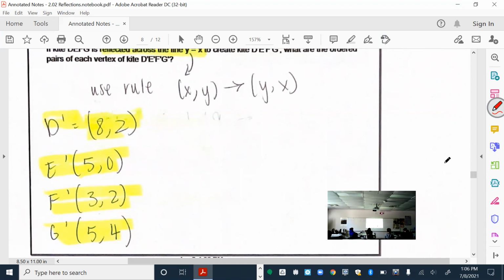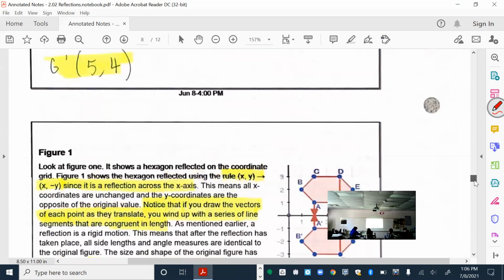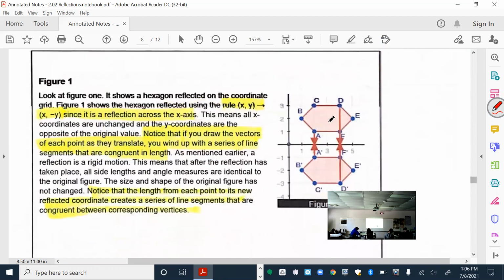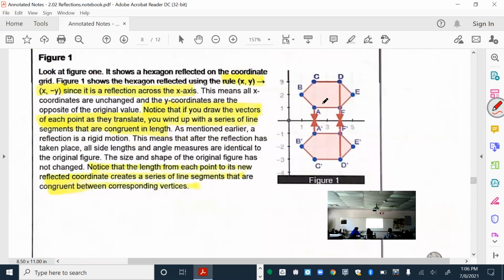All right, these next few slides are kind of just illustrating the reflection, not so much problem solving, so just bear with me. I'll kind of point out the important parts that you should highlight. So looking at figure 1, we have a hexagon reflected on the coordinate grid using this rule.